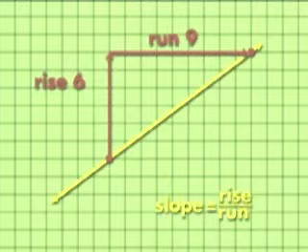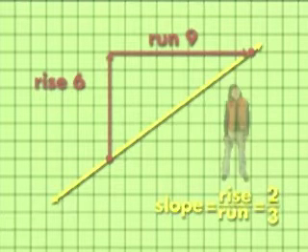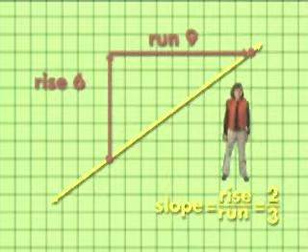Using these values to compute the slope, the rise over run is 6 over 9, which reduces to 2/3. So you see, regardless of which 2 points you choose to make your triangle and which direction you choose to draw your triangle, there's only one value possible for the slope of a particular line. And drawing a slope triangle to help find the ratio of rise to run is one way to determine that value.